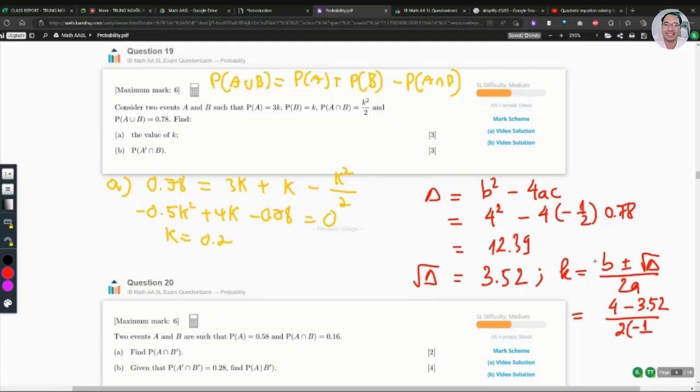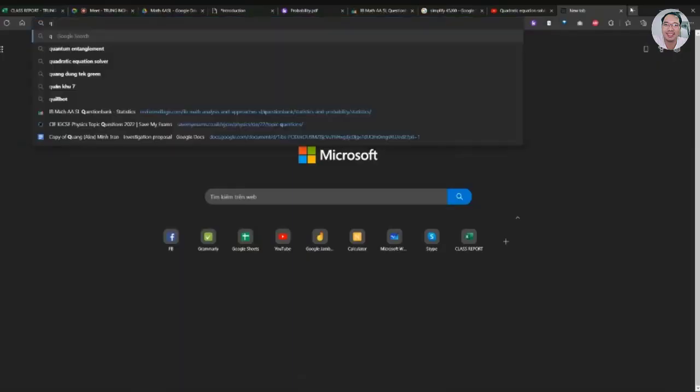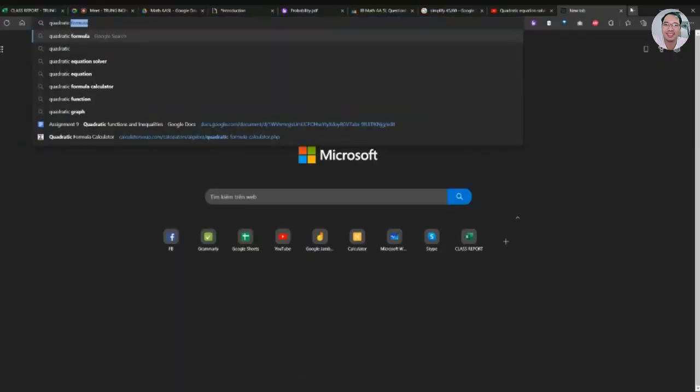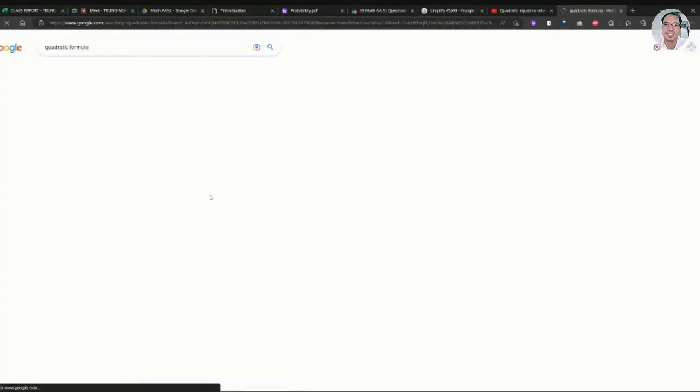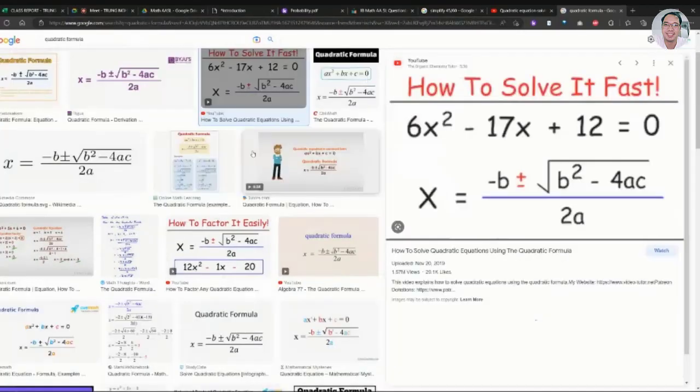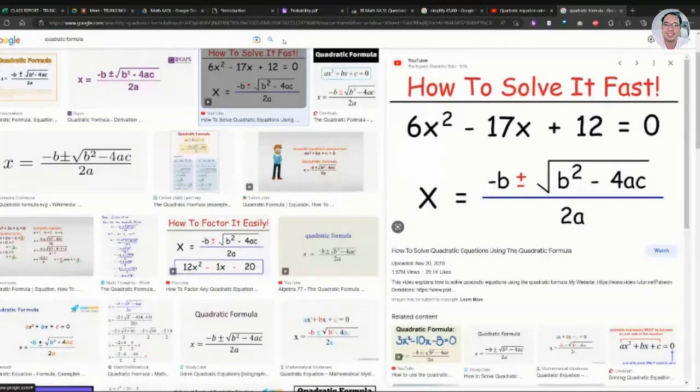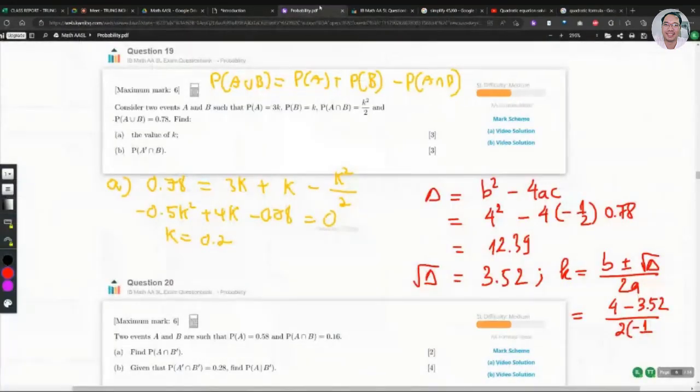Let me remember the quadratic formula. It is minus b, not b. So it is minus b, minus 4 here. So we have this number greater than 7, divided by 4.